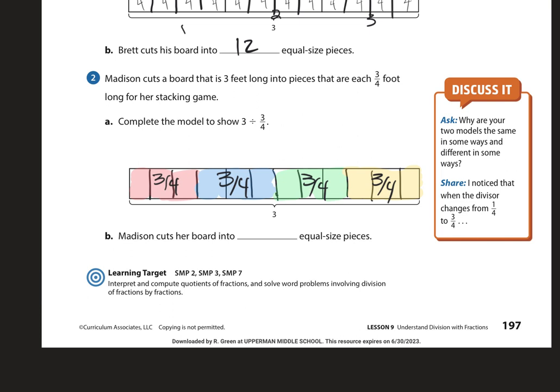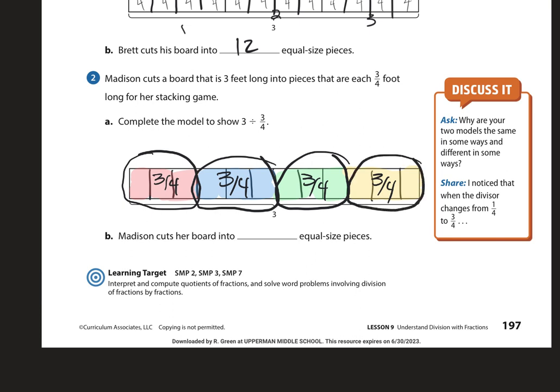Or you could circle them. I guess you could circle, since y'all don't have crayons, or I don't want everybody just jumping up to get coloring pencils. You could circle 3 of the 1/4 pieces to find out that Madison cuts her board into 4 equal pieces.